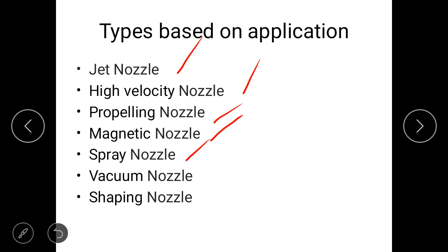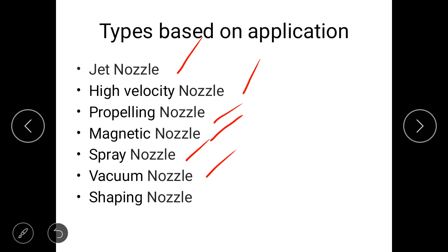Next one is the spray nozzle. It is used for domestic purposes. Spray nozzles are fitted in normal pipes, bathtubs and some other bathroom equipment, sanitary wares, something like that.